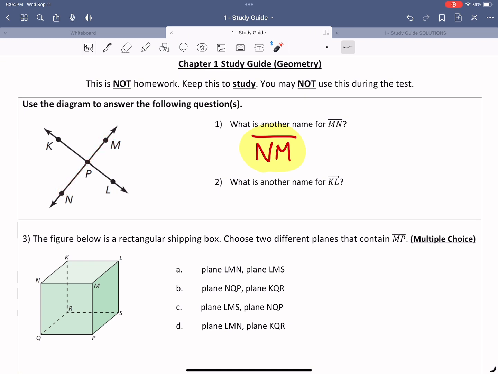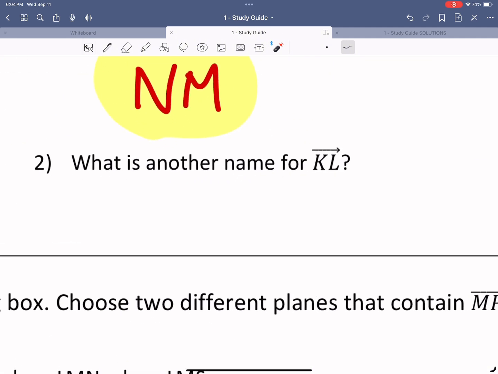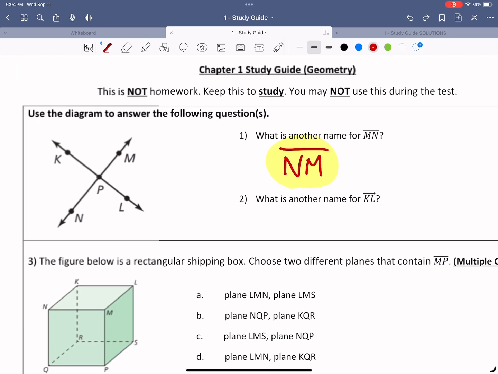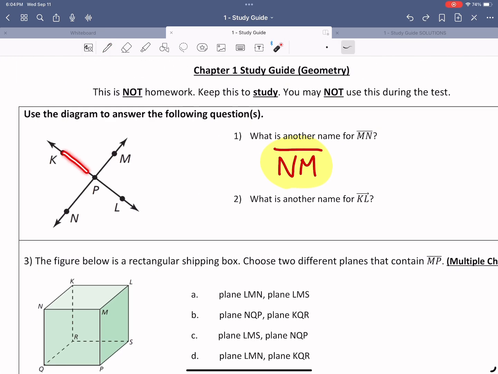If we look at the next question, though, this one says one arrow. Notice I'm going to really emphasize it here. It's going in one direction, pointing from K to the L direction. So K to L means it has to start from that same point K and go in the same direction as L. We want to find another name for a ray that does that.